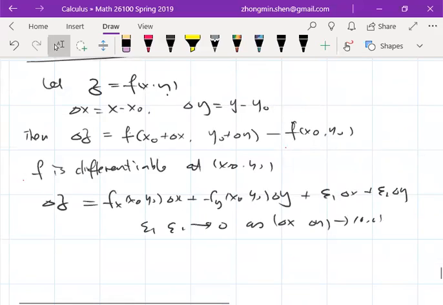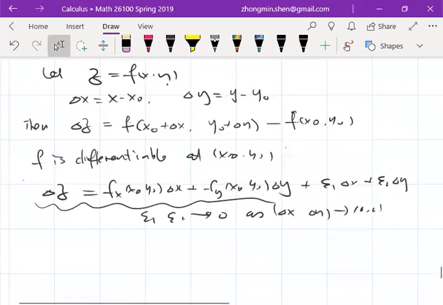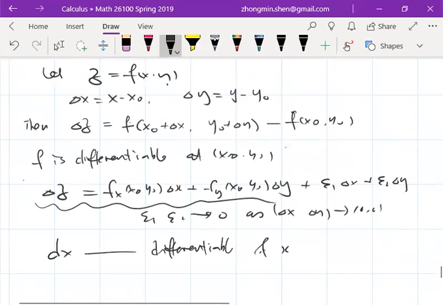I'm going to introduce the so-called differential of two variables. Honestly, it's hard to understand the next concept. dx is called the differential of x.